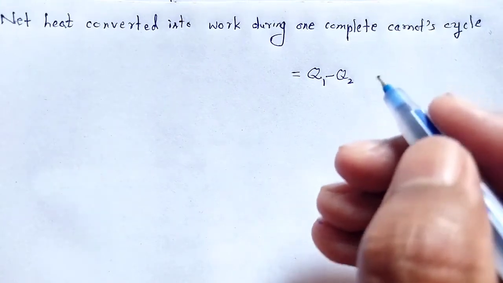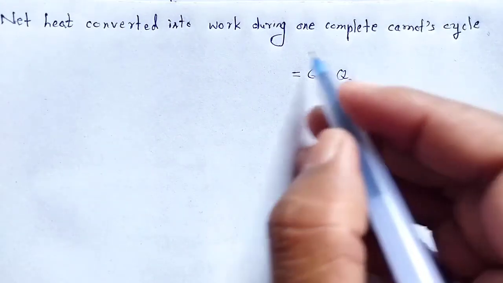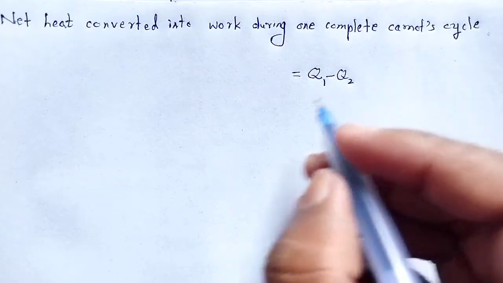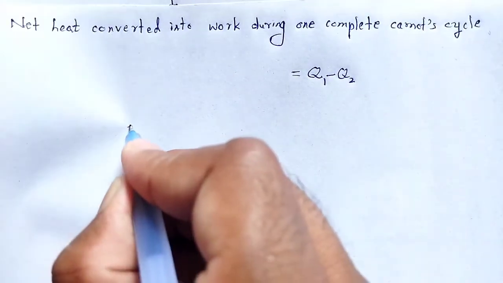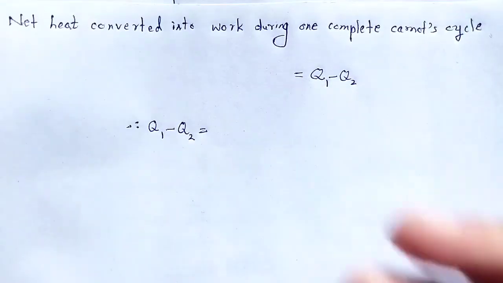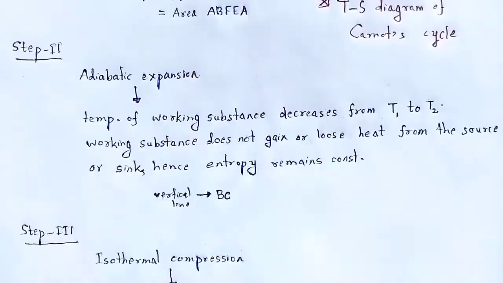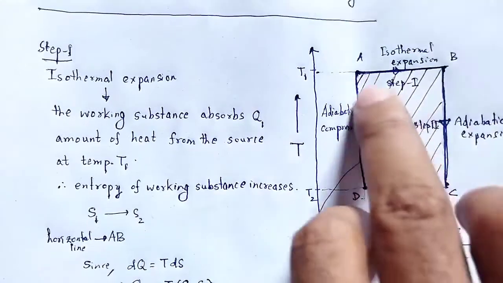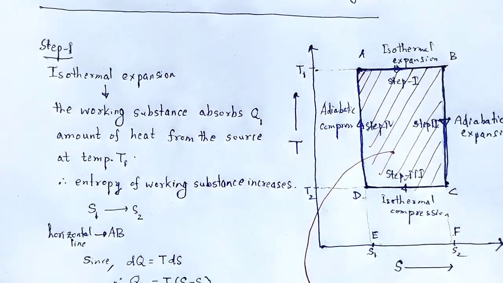Now what is the value of Q1 minus Q2? Q1 minus Q2 is the area under the rectangle A, B, C, D.